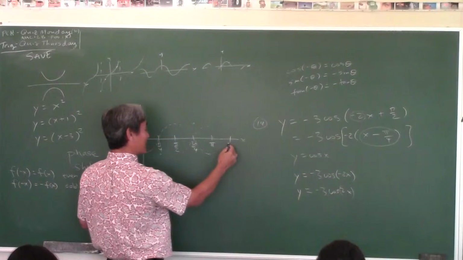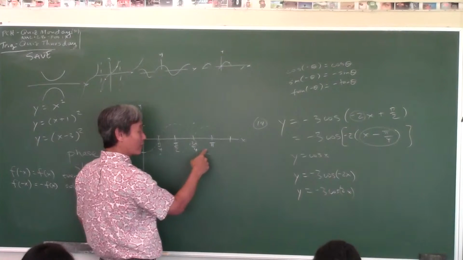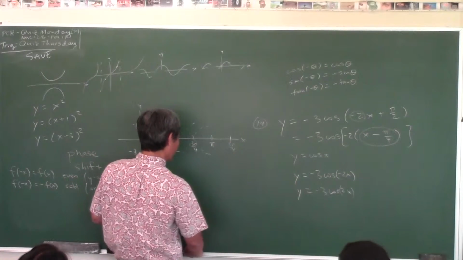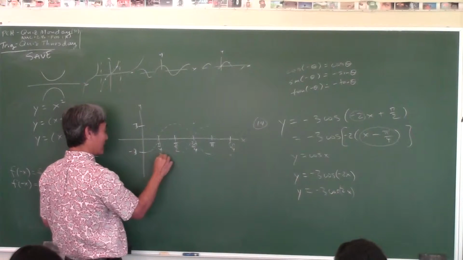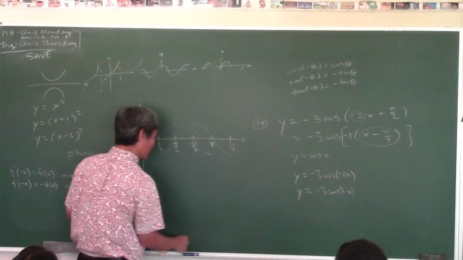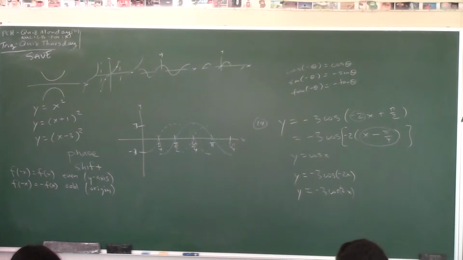So what would that hash mark be? 1 pi over 4, 2 pi over 4, 3 pi over 4, 4 pi over 4, 5 pi over 4. So this point down here goes over here now, and then you just connect the dots. And then copy and paste as needed. Okay. Easy.